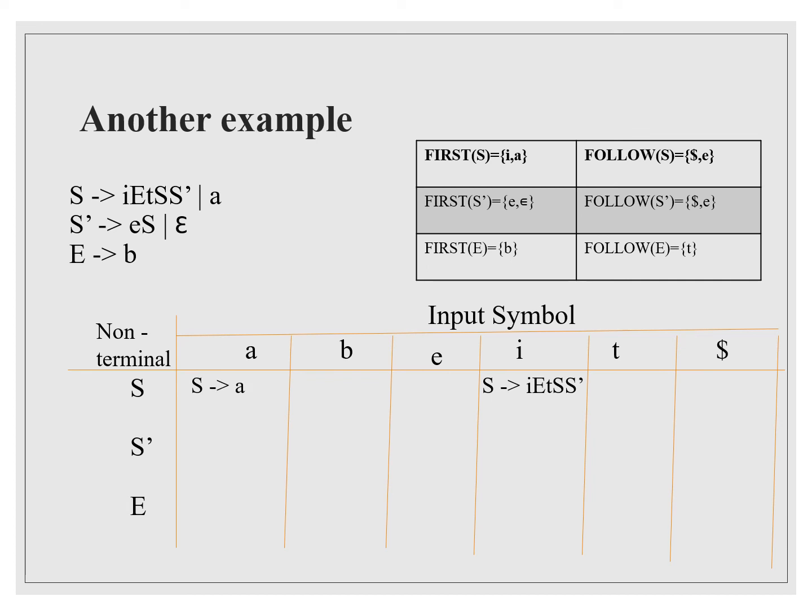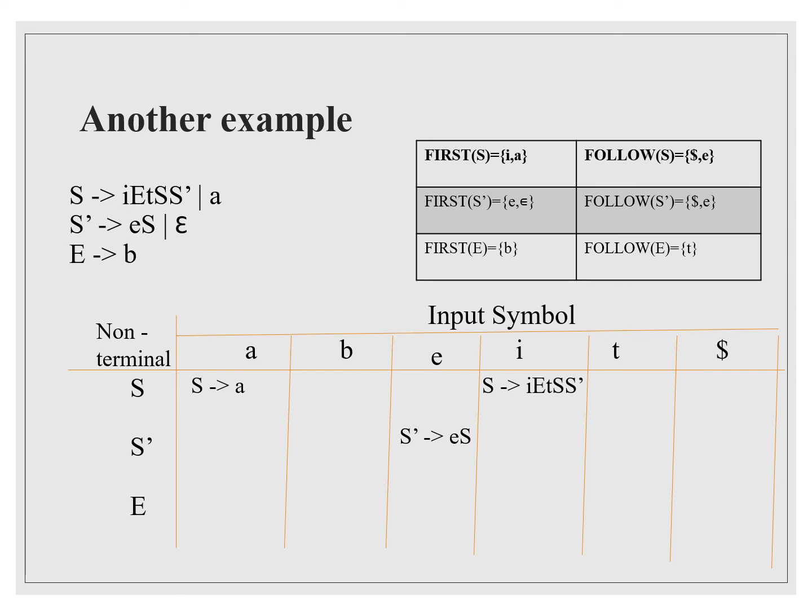And about the second one, what is the production rule? S dash derives e S, bar epsilon. Hence, the first of the right hand side is small e and epsilon. We place the first alternative, S dash derives e S, in small e, because the first of this right hand side is small e.